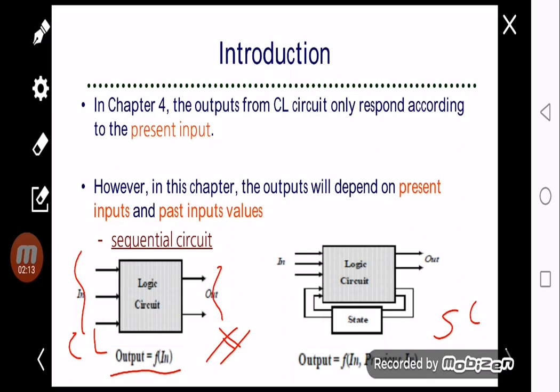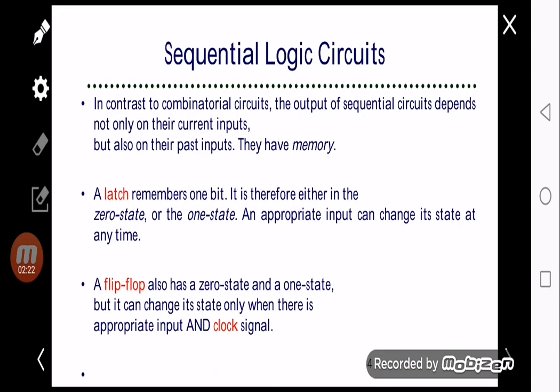But for the sequential circuit, the output depends on the input and also on the previous input. So a sequential logic circuit depends not only on its current input but also on its past input. We call this memory. They have memory, meaning they can remember the previous input.